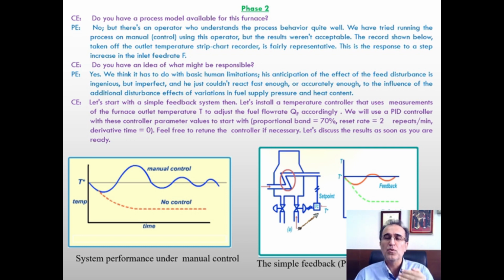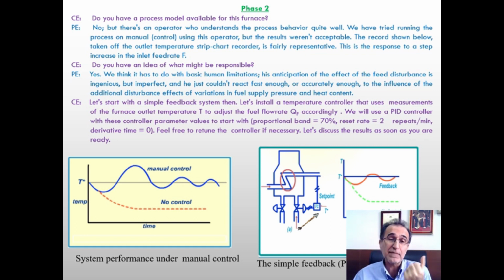Proportional band, you know, is 1 over K, the proportional gain, times some constant, and the reset rate is 1 over Ti for the integral term, and the derivative term is set to 0. So it's just a small proportional gain and a small integral term, and then feel free to retune it. But with this PID based feedback control, this is what we get.